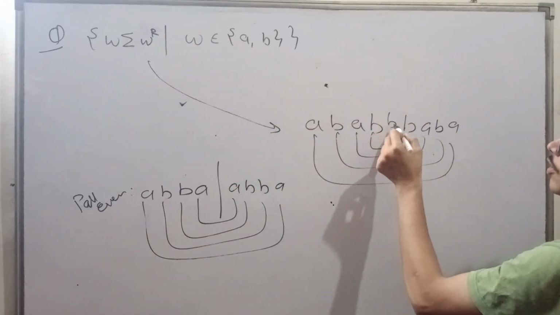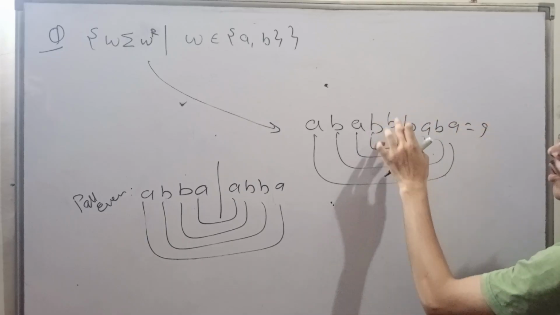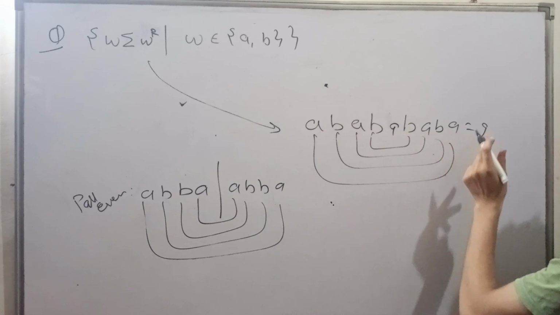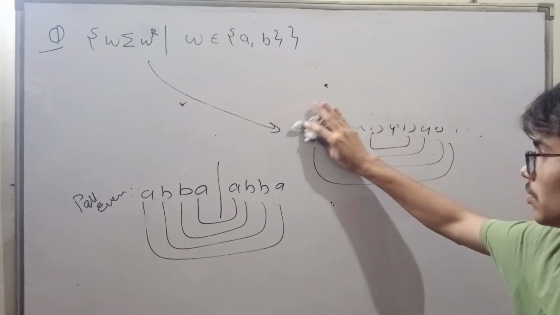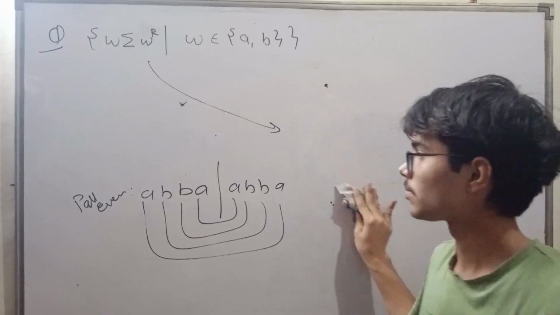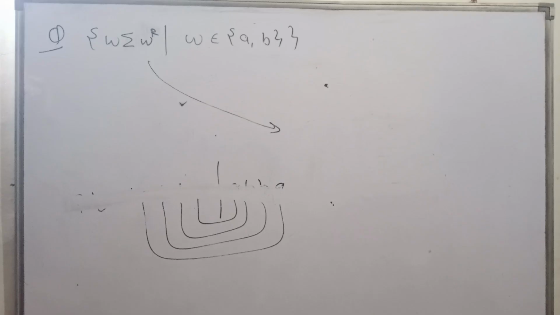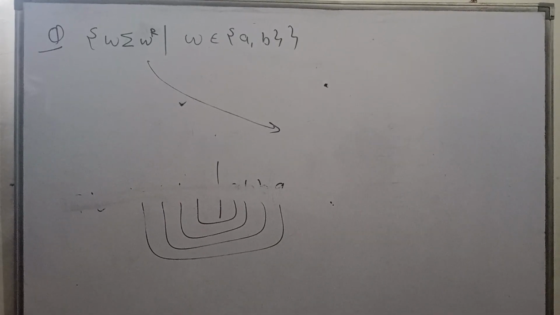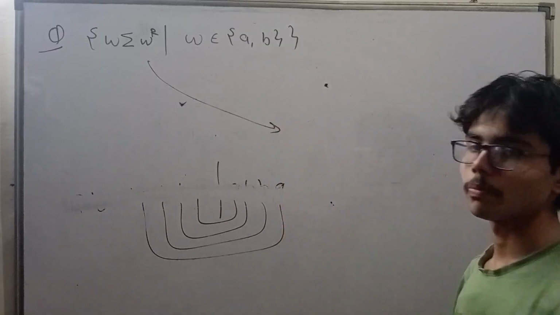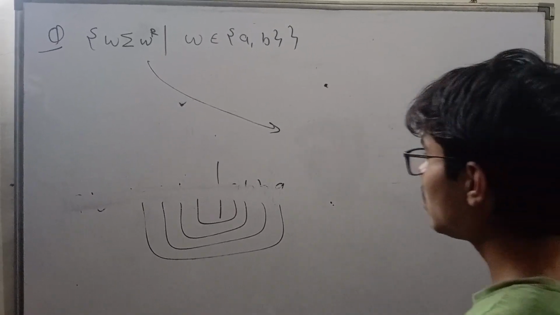You can write A or you can write B here. So if you write B here, the length becomes 9, or if you write A here, the length also becomes 9. So this is our odd palindrome.